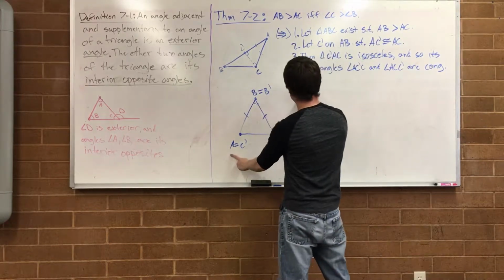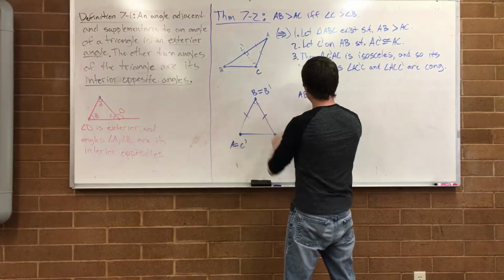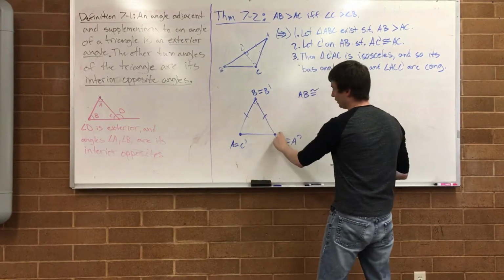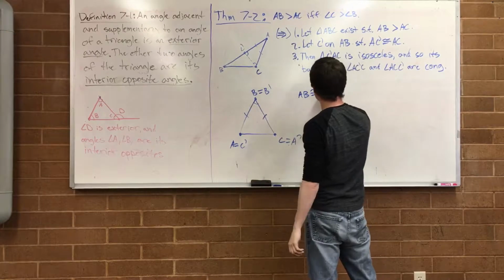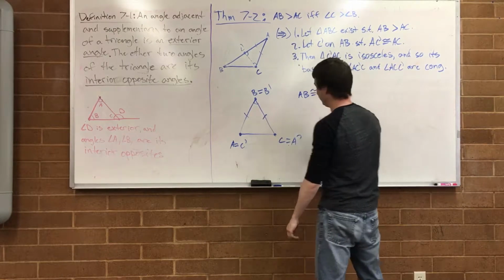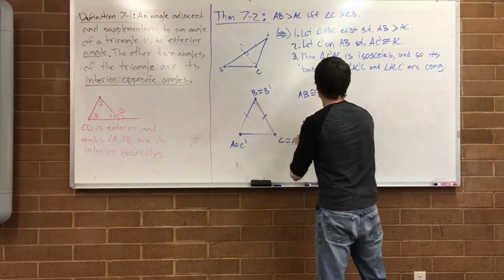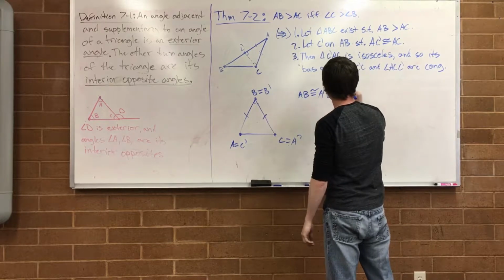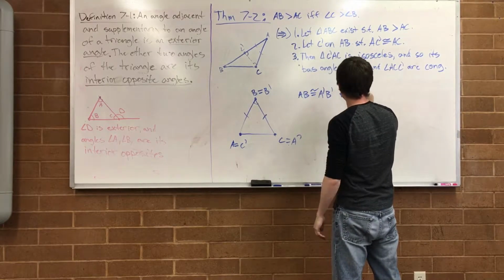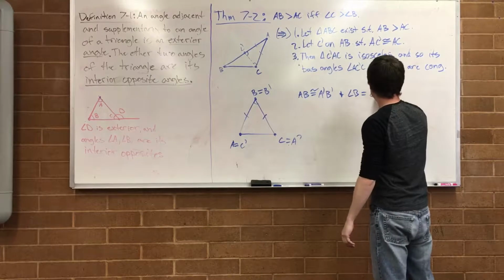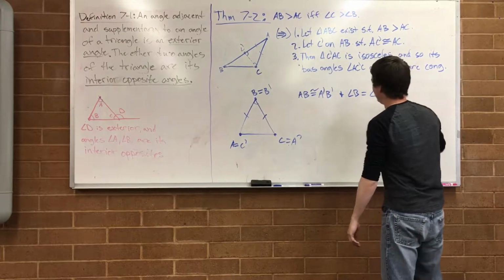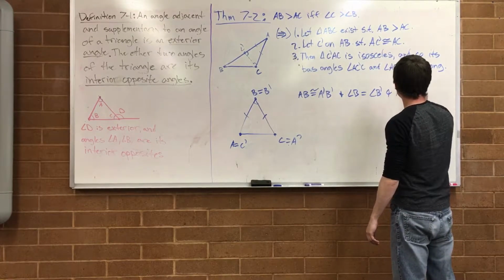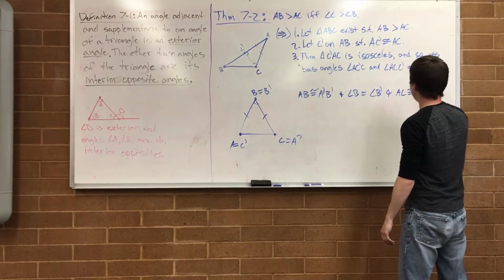So since side AB is congruent to side A prime B prime, you see that? This side is congruent to this side. And angle B is congruent to angle B prime. And AC is congruent to A prime C prime.